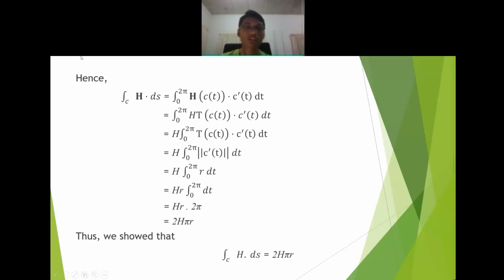So here we have bold H(c(t)) times c prime(t) dt, integrated from 0 to 2 pi.